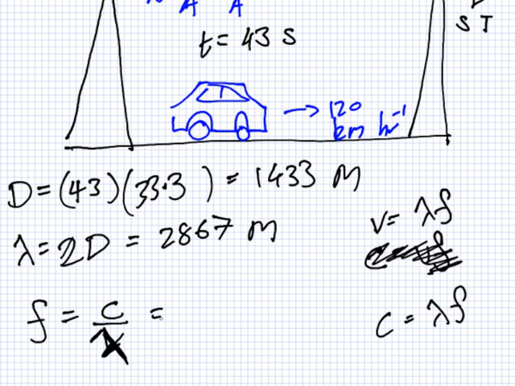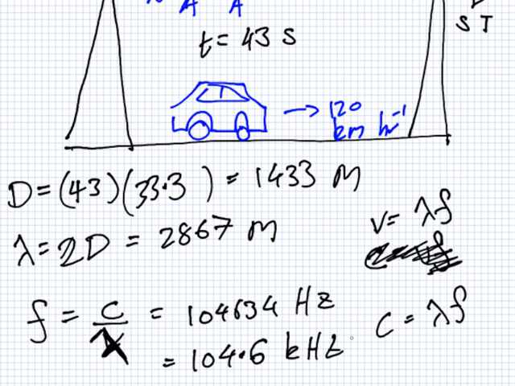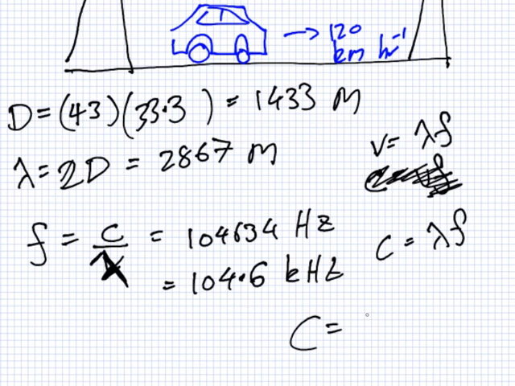So it's going to be 104,634 hertz, but if I divide by 1,000, you get 104.6. The c, speed of light, is 3 times 10 to the 8 meters per second.